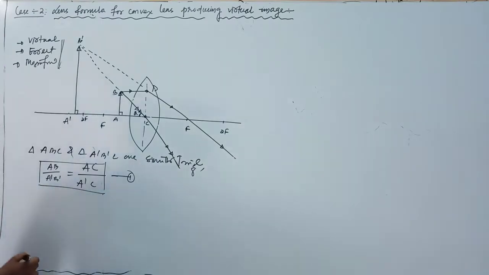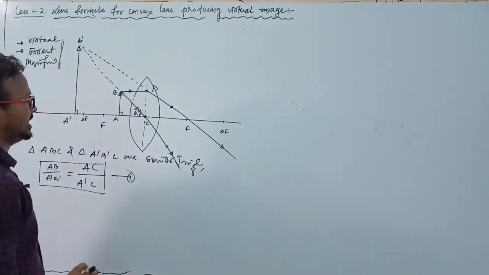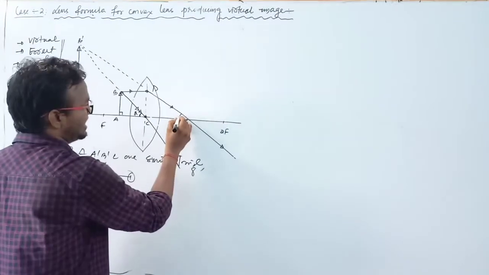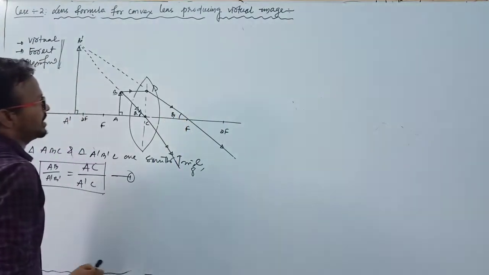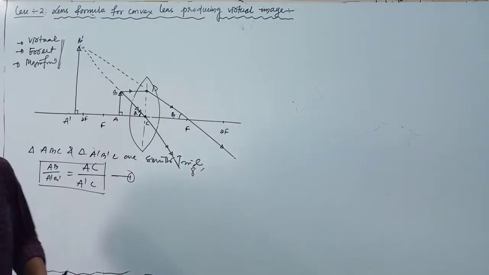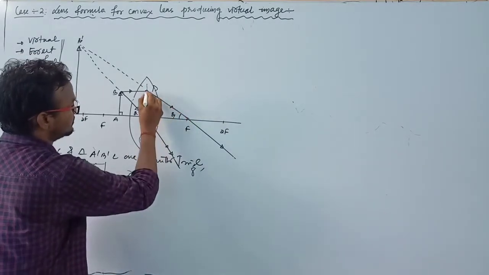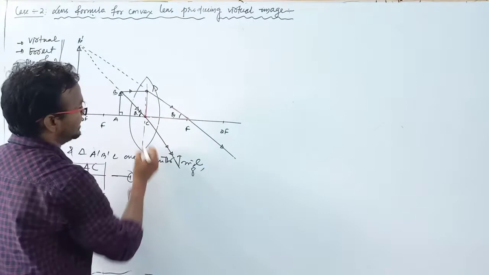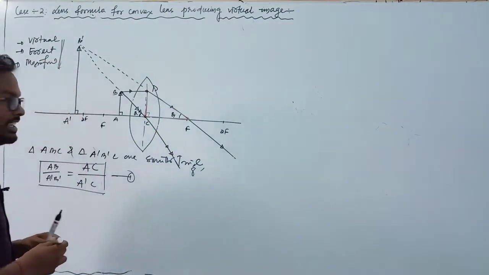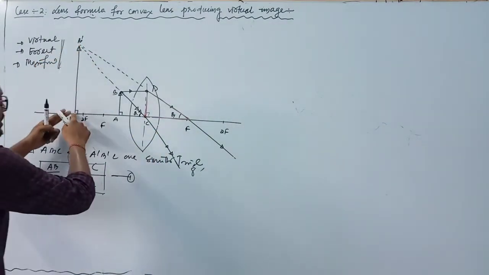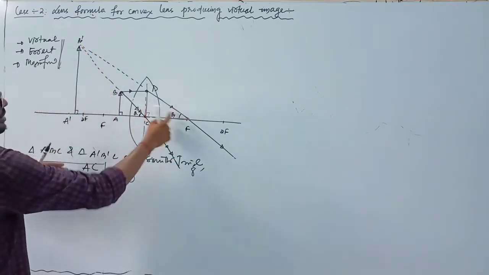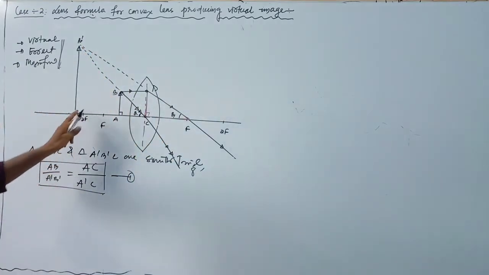Similarly, we have to choose another similar triangle. Suppose this angle here is theta 1, and look at the triangle here. If you choose this triangle, in this triangle this angle is theta 1, and here this angle is 90, or you can choose this large triangle and here also this angle is theta 1 and this angle is also 90 degrees.